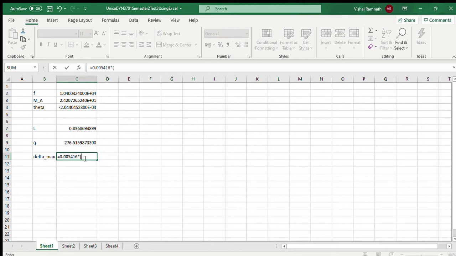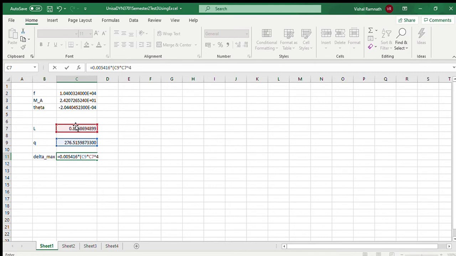0.005416 times, open brackets for the stuff in the numerator, so multiplied by Q, multiplied by L to the 4th power. So I then multiply by L to the 4th power.